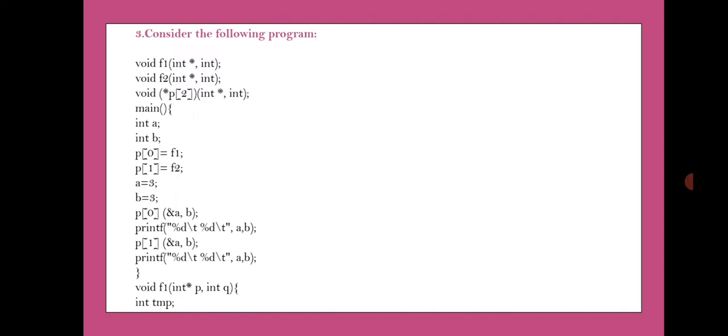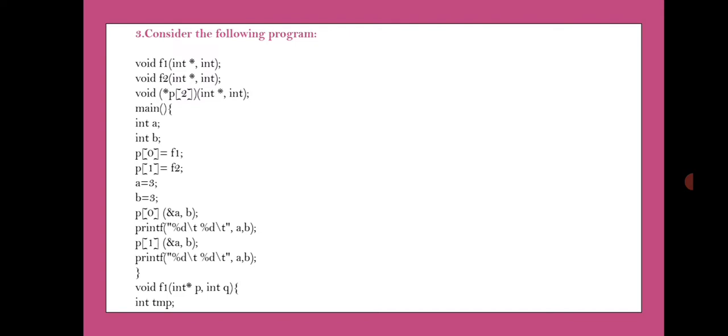So I repeat, void of pointer p having elements 0, 1, 2 takes two arguments, one is a pointer to integer, and returns int.